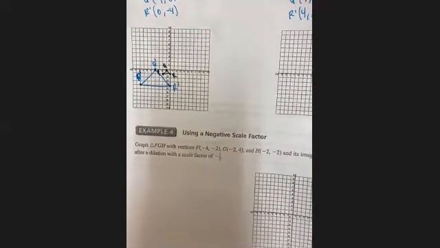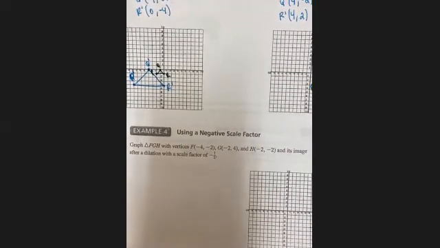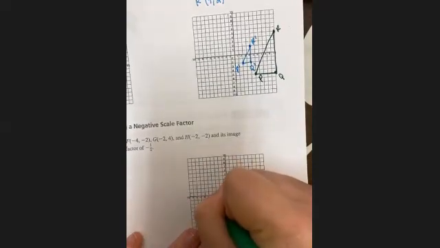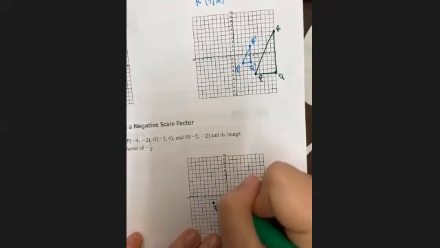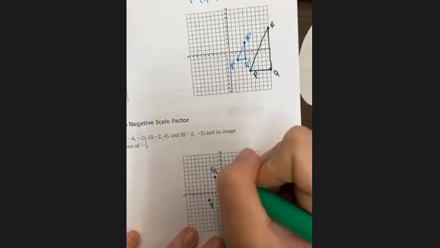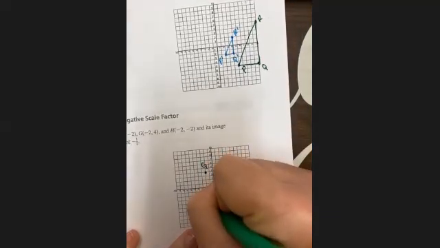And then the last one, example 4. Okay, graph triangle FGH with vertices of F at -4, -2. G is at -2, +4. And H is at -2, -2.